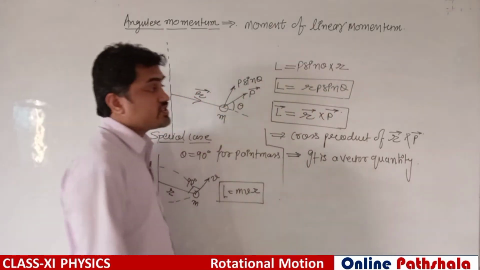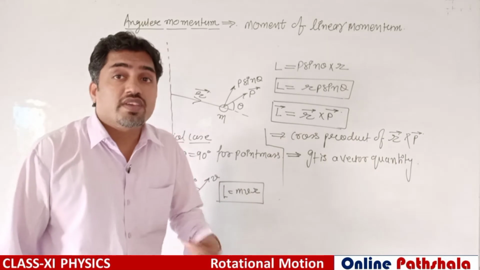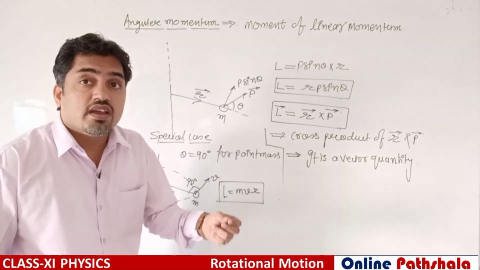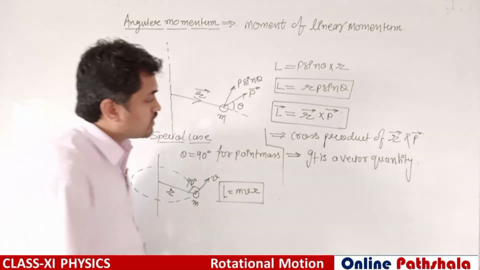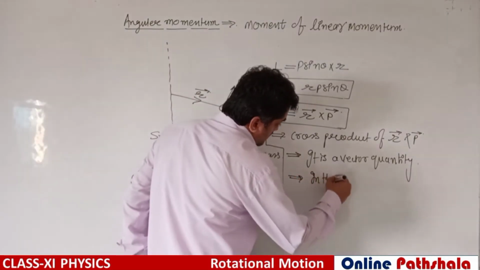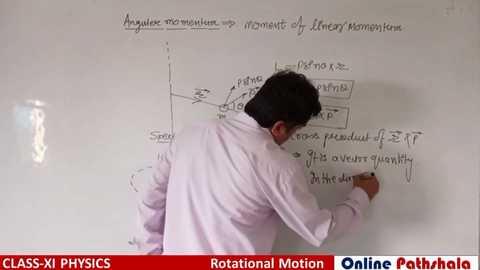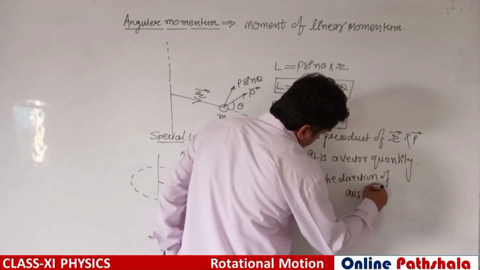So what should be the direction? In the direction of cross product of r and p, or we can say in the direction of omega. How? We will see later. So in the direction of axis of rotation.